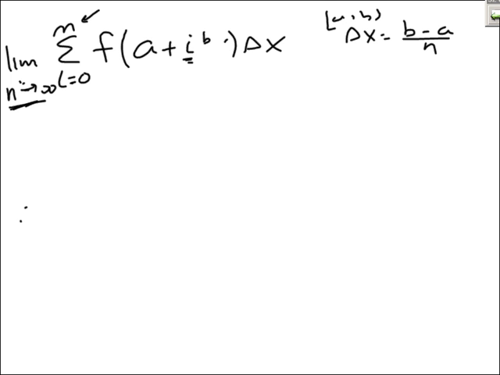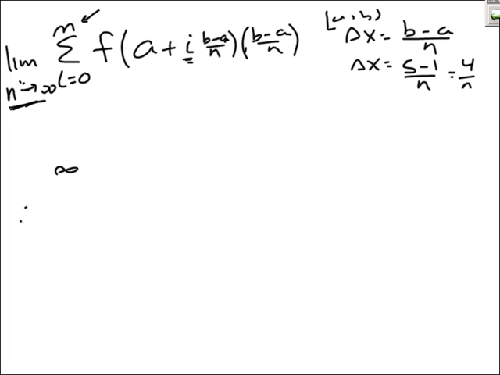In our case, we're finding the area from 1 to 5, so it's 5 minus 1 over n, or 4 over n. The number of rectangles is n. Okay, so that's what we're going to use.